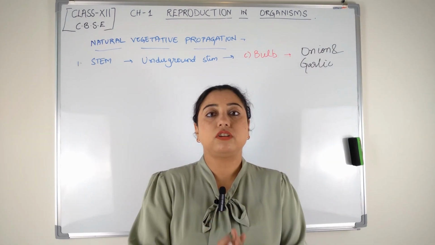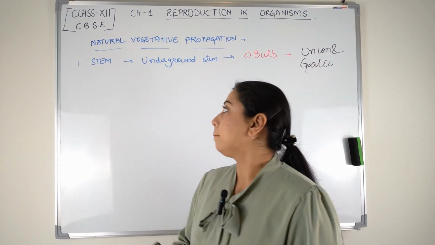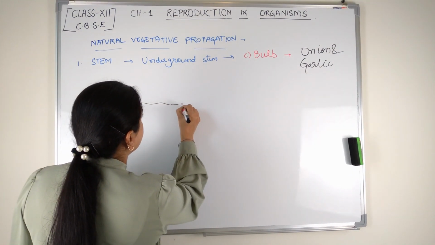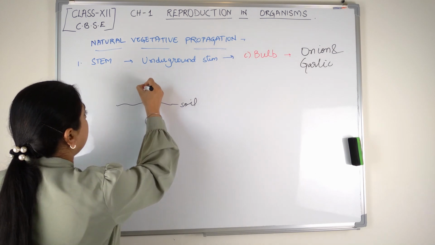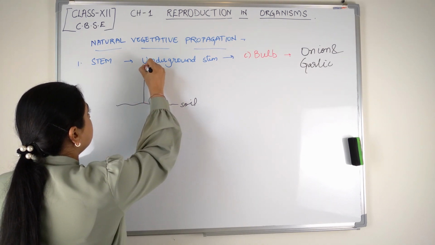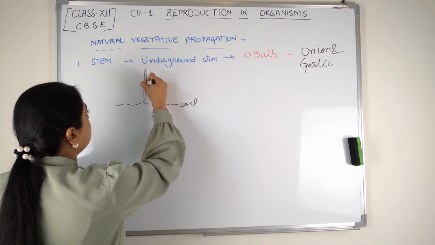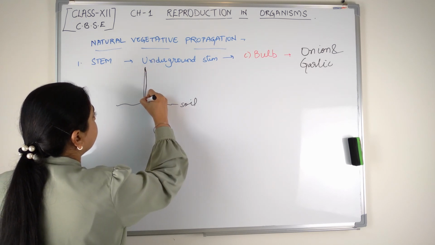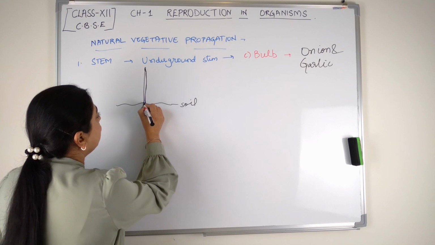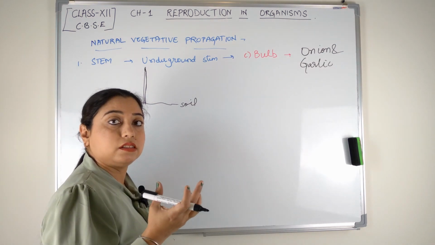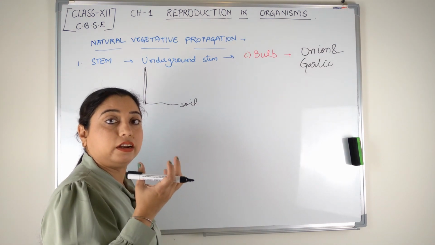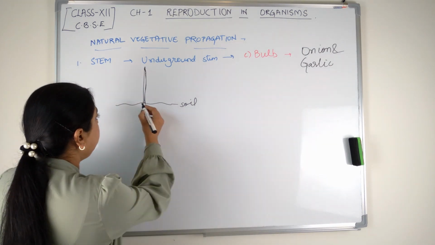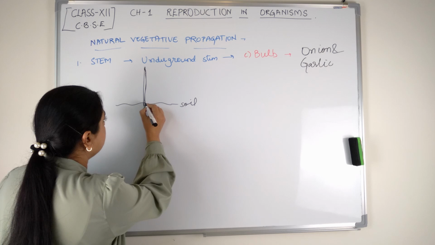Let's discuss the structure of the onion bulb. See students, this is the soil and this is a shoot, the main stem of the onion plant. This onion bulb is a swollen and highly condensed, vertically placed underground stem. Right? So it is going to grow like this.